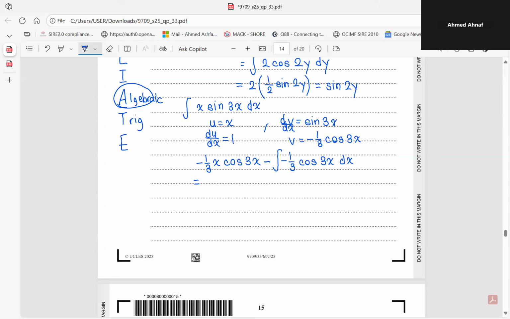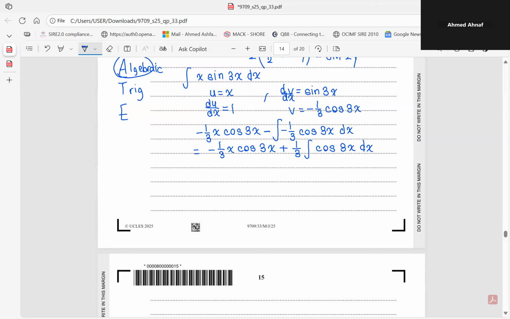Okay, so we can simplify this. Let's take out the minus 1/3. So this is minus 1/3 x cosine 3x plus 1/3 integral cosine 3x dx.